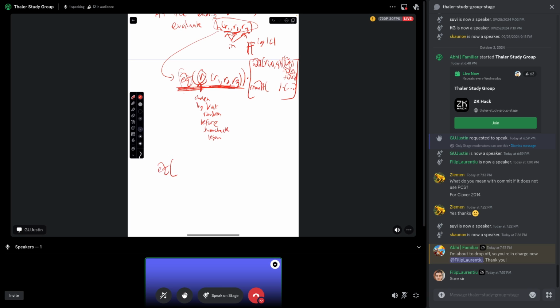Remember, EQ twiddle is just a coordinate-wise product. EQ twiddle of x comma y is the product over the coordinates i of x_i y_i plus (1 minus x_i) times (1 minus y_i). So the verifier on its own can evaluate EQ twiddle in time linear in the number of variables, and the number of variables here is three log circuit size for each of these.